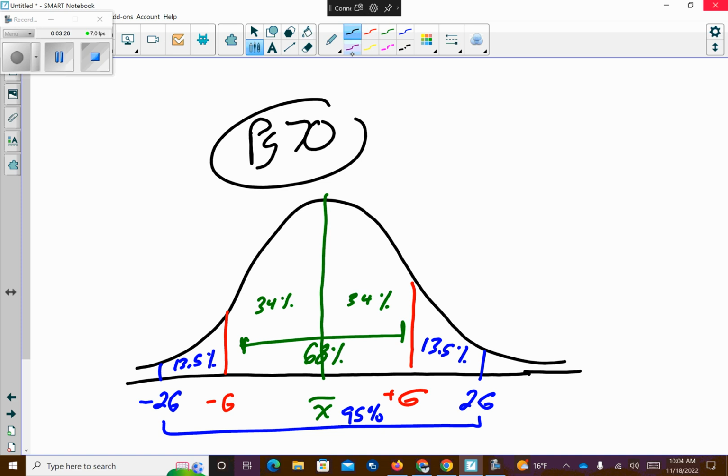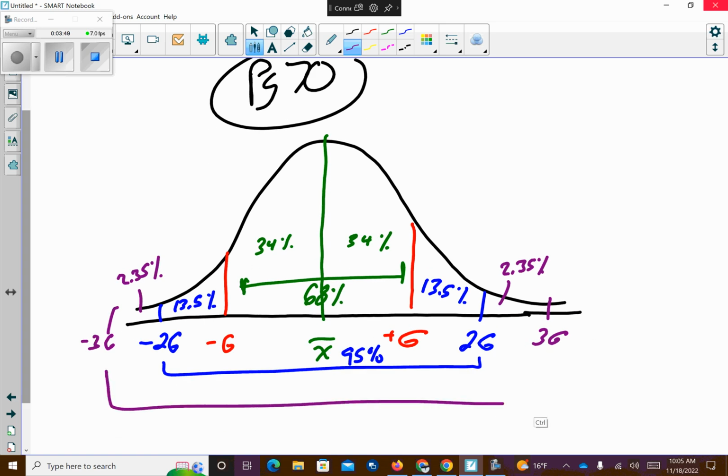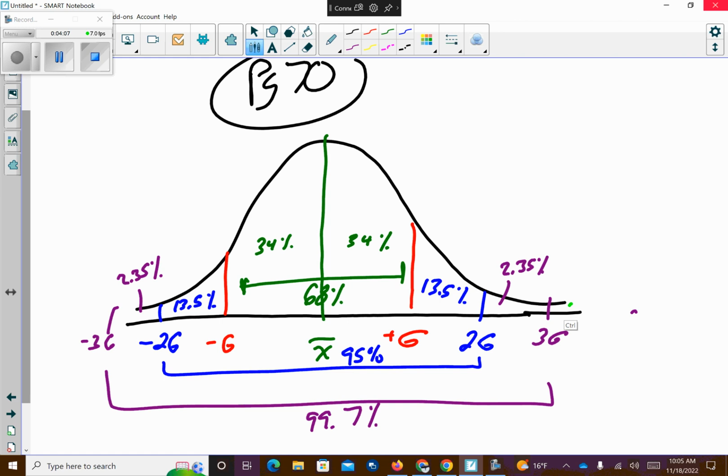If I go out 1 further standard deviation, 3 from the mean, each tiny region represents 2.35%. Adding all of those within 3 standard deviations gives 99.7% of our population, and the very small remainder accounts for 0.15%.